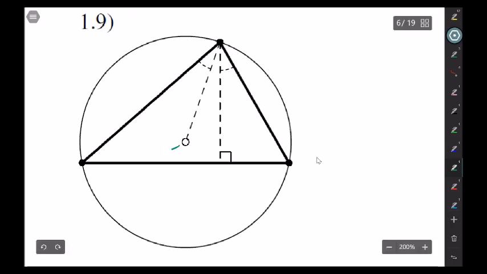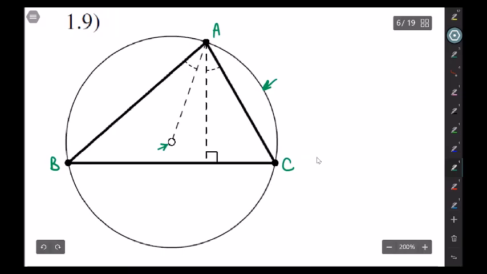Someone is asking, can you guys guess what is the dot in the middle? Yes, it seems that's the center of this circle, which is the circumcircle of our triangle ABC, right? So what is the claim of the problem? I mean, the claim of this picture. What is that picture trying to communicate to us?